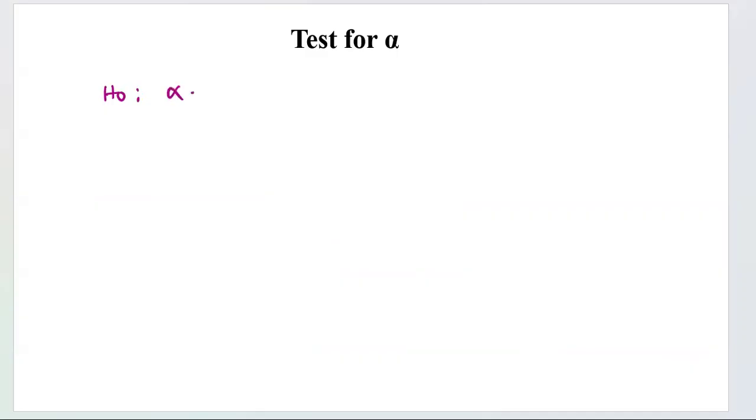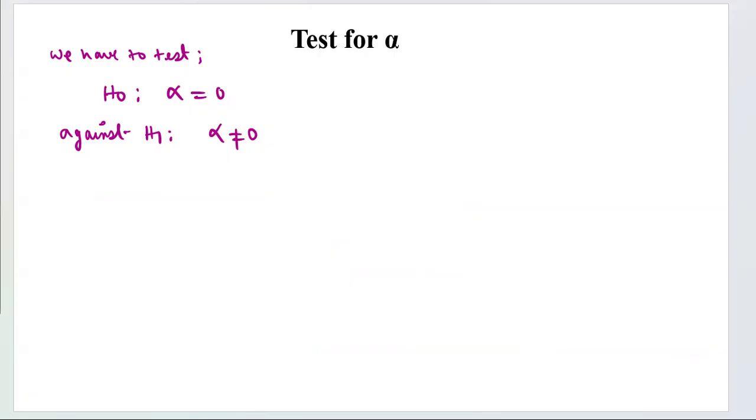The null hypothesis will be alpha equals 0. We have to test this null hypothesis against the alternative hypothesis H1, which is alpha not equal to 0, right? So what will be the test statistic, as we have derived already? What is the test statistic?